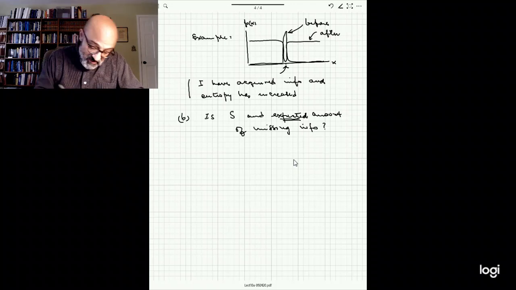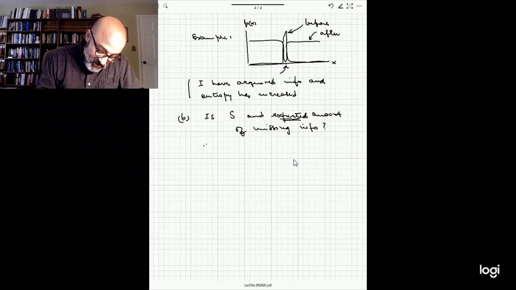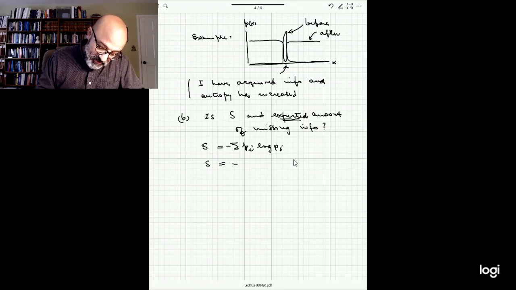In principle, it could be, right? Let me see. Look, if it is going to be expected, let's set k equals 1. I have p log p. So quite clearly, S can be written as minus, or let's put it like this, the expected value of the log, minus log p, which is log 1 over p.